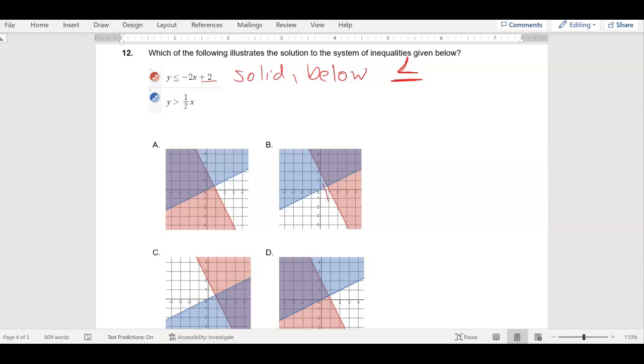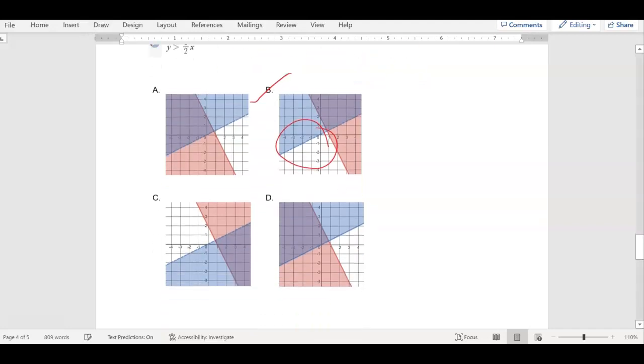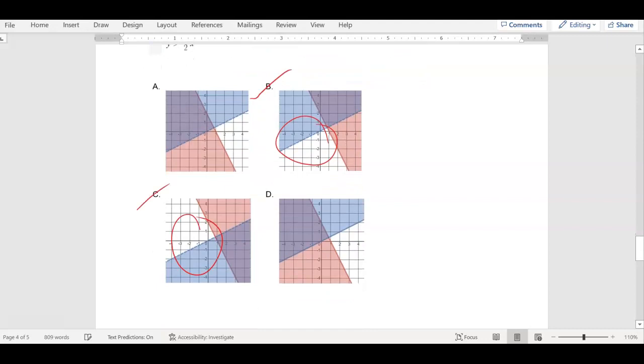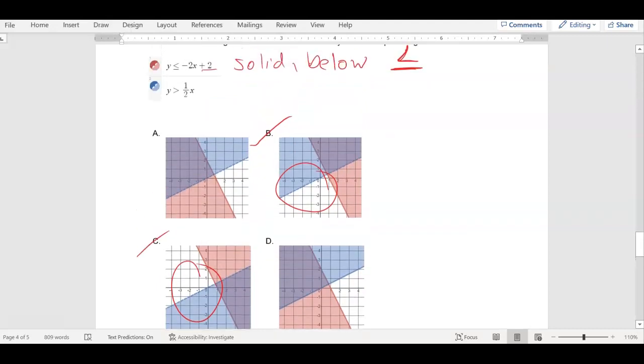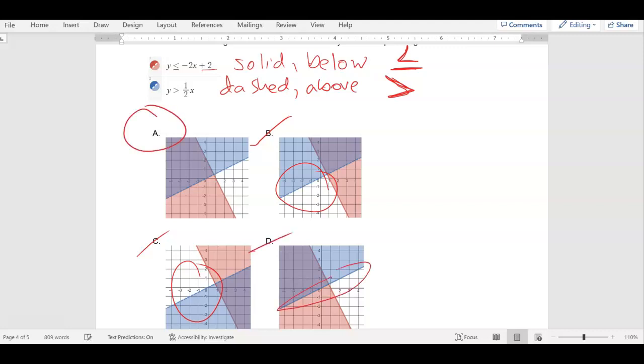Not below, not B. Not below, not C. The next one should be dashed because it's not underlined, and above because it's greater than. So this is dashed, shaded above. This is solid, shaded above. It's going to be letter A.